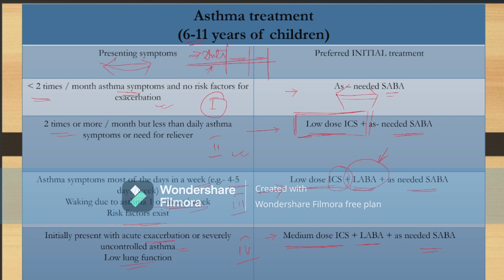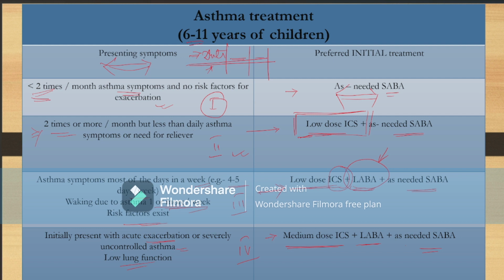So this is the treatment protocol for asthma in the child group of 6 to 11 years. So we have to take the history properly. If the patient has symptoms less than 2 times in a month, then we give only short acting beta agonist in stage 1 therapy, that is as-need therapy. If the patient has symptoms more than 2 times in a month but less than daily, then we go for low dose inhaled corticosteroid and SABA.